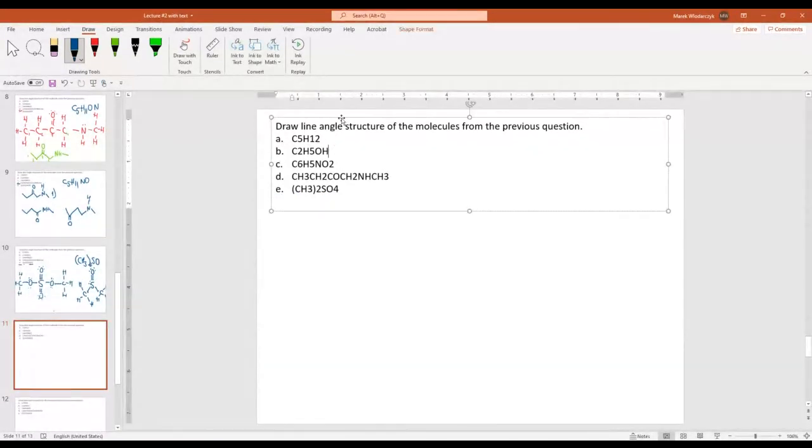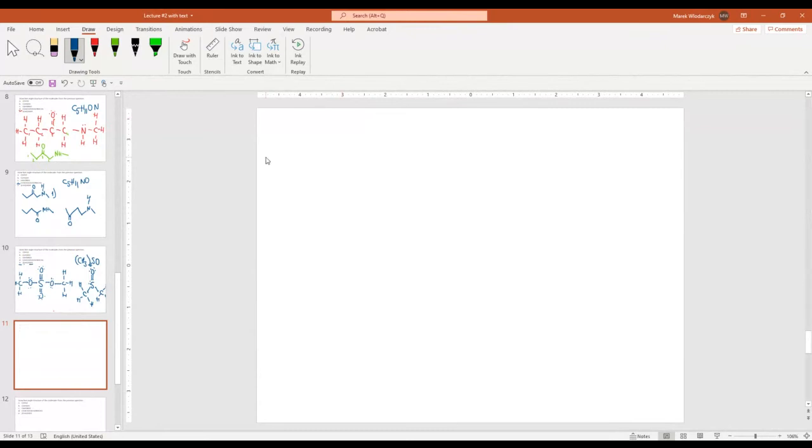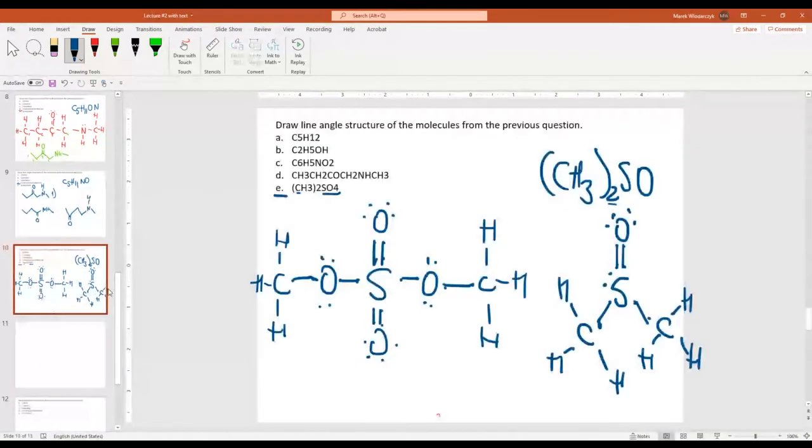So I'm going to erase that and then give you another. Yes, Grenade? Yeah, Professor, in the question it says, I think they're asking for a line angle formula. Well, for the line angle formula, that will be this one, and for the other one, it will be this guy here.